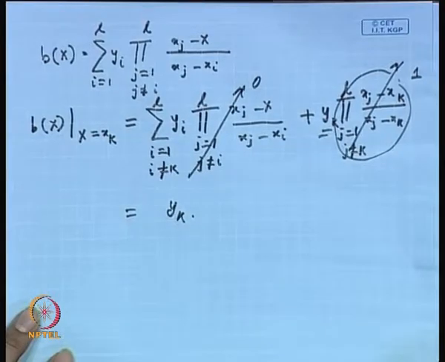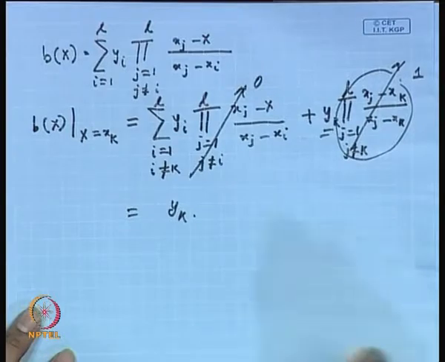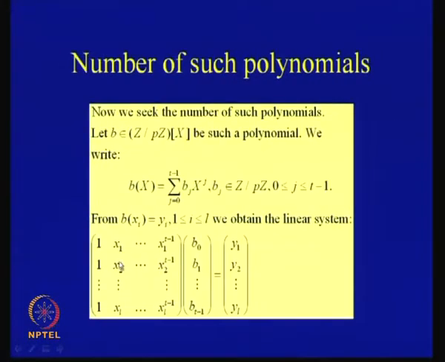Now, we also have to argue, according to the theorem, that there are p to the power of t minus L such polynomials of degree less than or equal to t minus 1, where all the results hold. For that we have to go a little bit into matrix algebra. We seek to calculate the number of such polynomials.